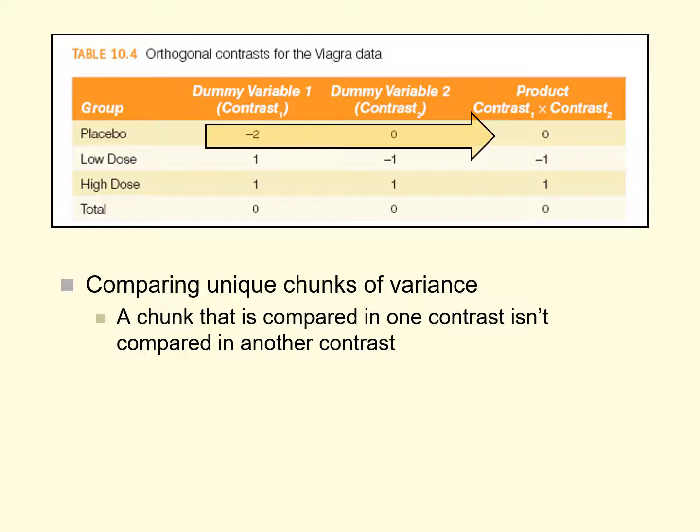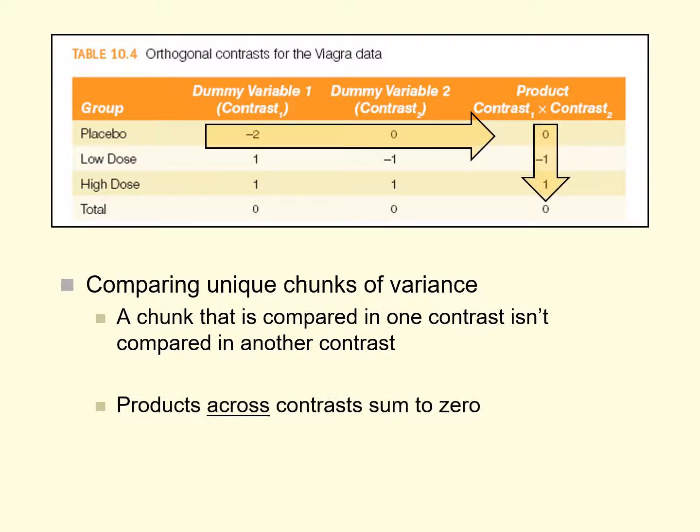And there's a way you can check the math on this really quickly. If you multiply across the columns for your contrast codes and then sum down the products of those multiplications, and those sum up to 0, then you've got unique orthogonal contrasts.